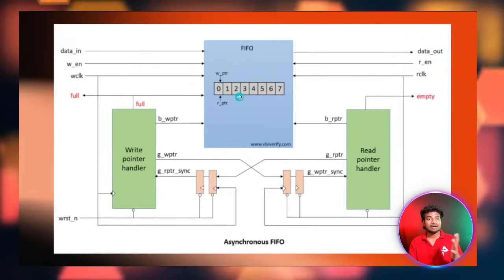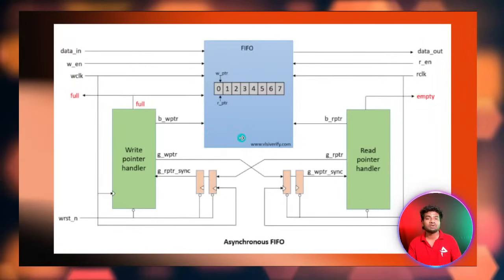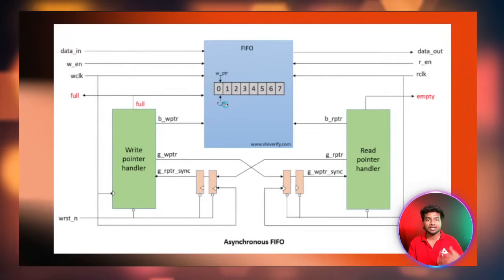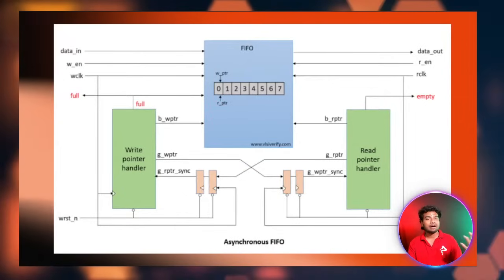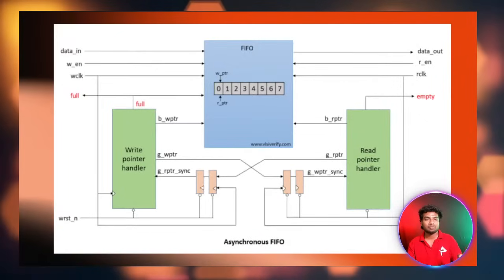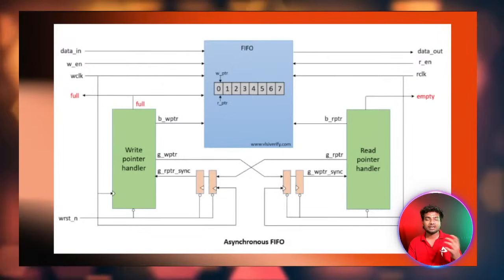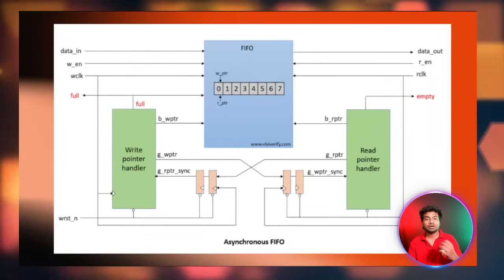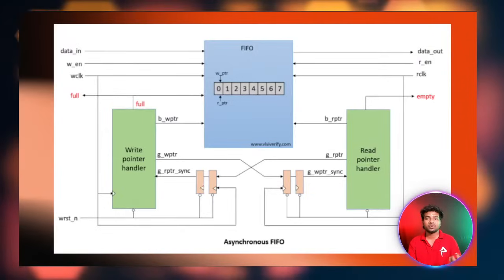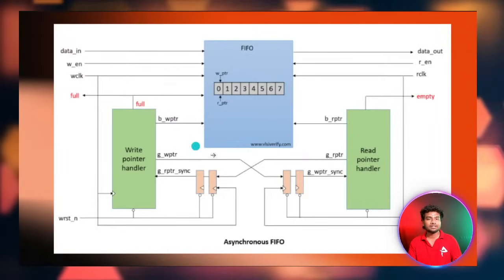If the address pointer is pointing at the last location of the FIFO buffer, it means all the memory locations are already written. So the FIFO write pointer is pointing at the last memory location, we can say FIFO is full, and you can't write more data. Once the FIFO is empty, you can write into FIFO. This is how it works.